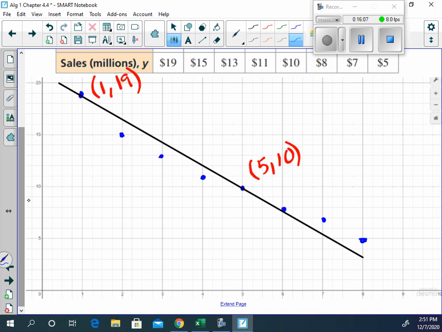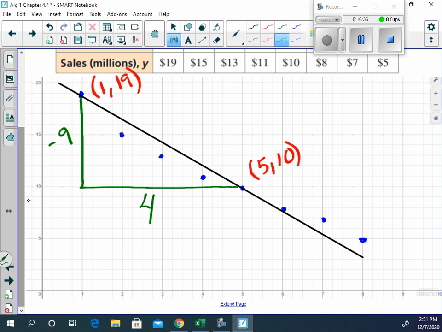Now, the slope is rise over run. So how far did it go down and over to get to this point? It went down from 19, because it went from 19 to 10. So we went down 9 and over 4, because we went from 1 to 5.